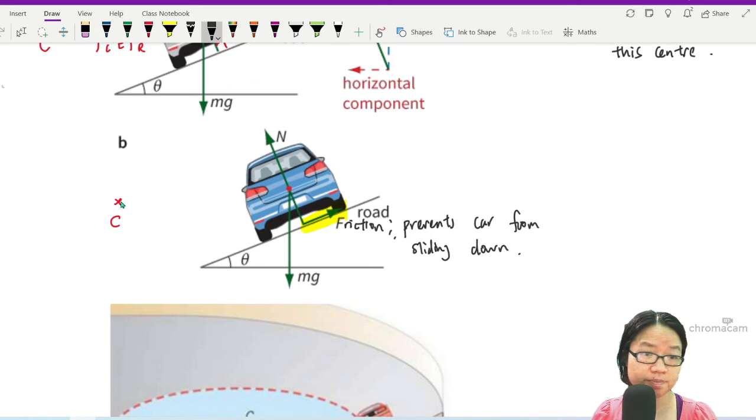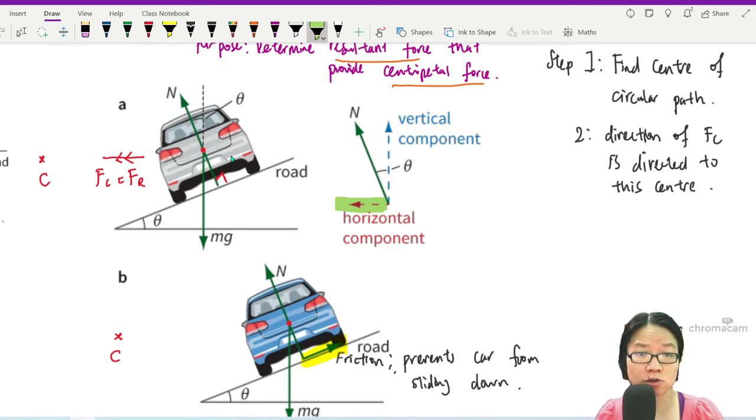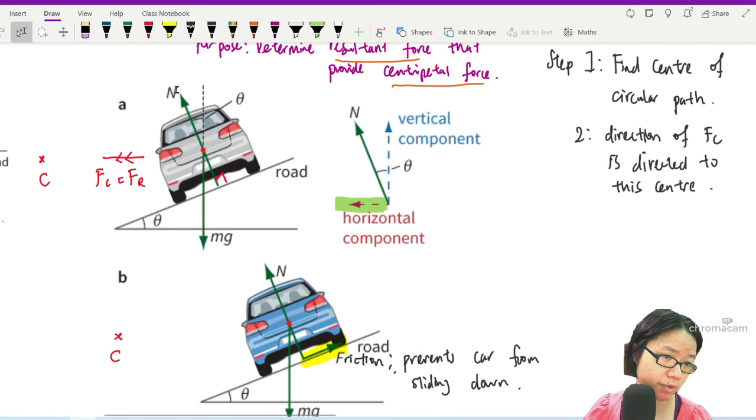So it doesn't help. The only thing that will help is this horizontal component of your normal force. Okay? So the only thing that can help provide centripetal force is the normal force, because the normal force is tilted towards the center of the circle. You see this tilt is in this direction.